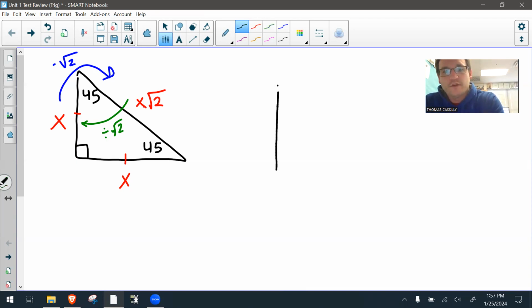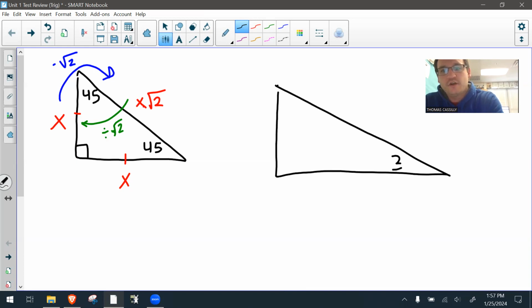All right, so now the next one is a 30, 60, 90 triangle. All right, so this one has three different angle measures. So that means that the side lengths are going to be different. All three side lengths are going to be different here. So the smallest angle is always across from the smallest side. All right, so these two are going to match up.